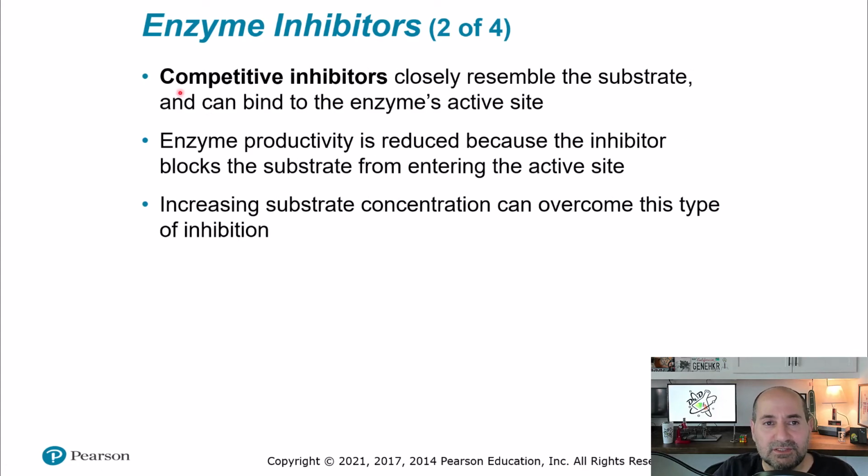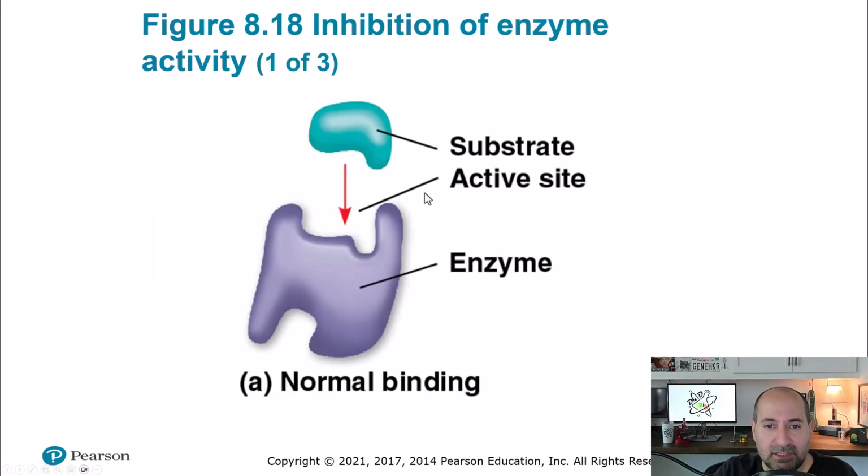Now, there are different types of inhibitors. Competitive inhibitors are ones that closely resemble the substrate to the point where they can actually get into the active site and compete for the active site. So let me show you. Let's pretend this in purple is the enzyme. And here is the enzyme substrate in teal.